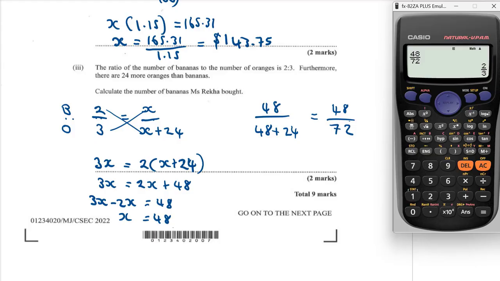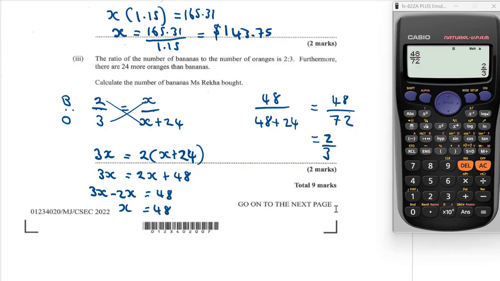So this ratio is actually 2 over 3, sorry. So you can see that just by setting up a simple equation here, we can find out the number of bananas. I know some persons might have an easier way to do it, but this is the more structural way. So x is equal to 48.